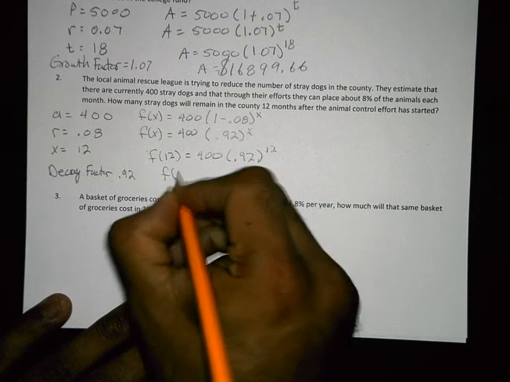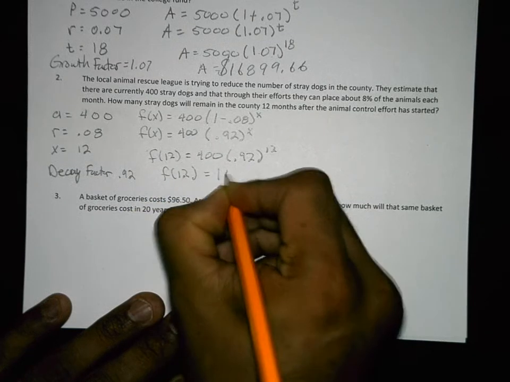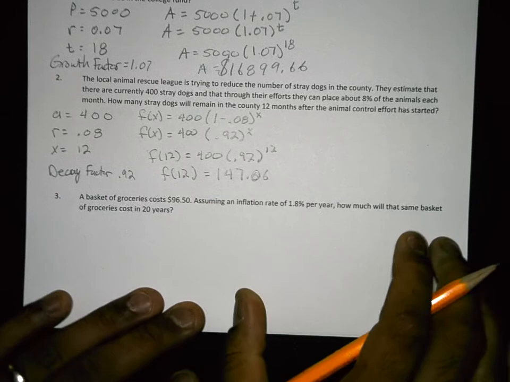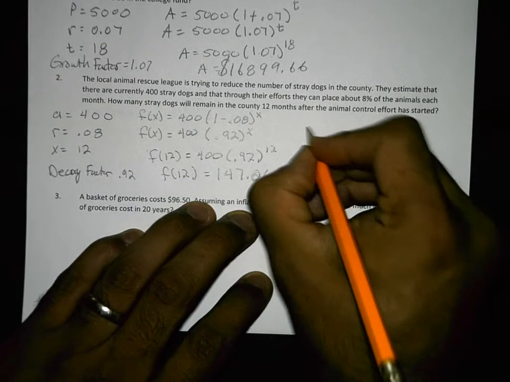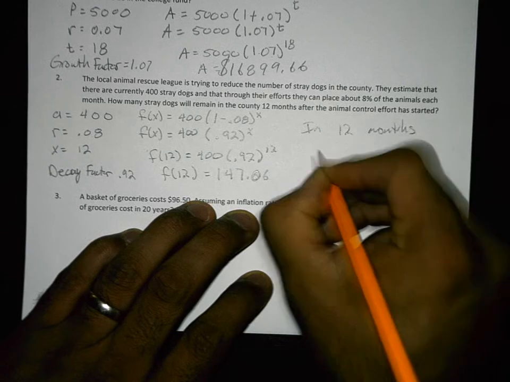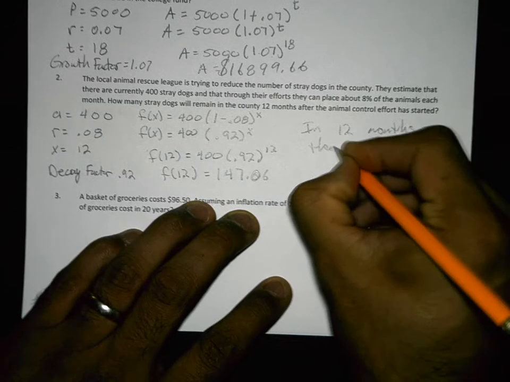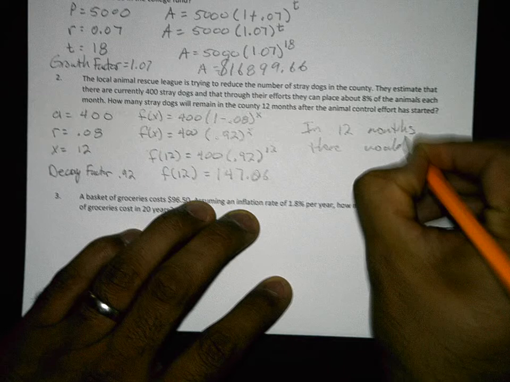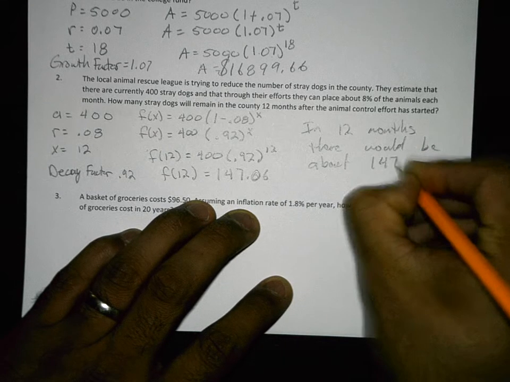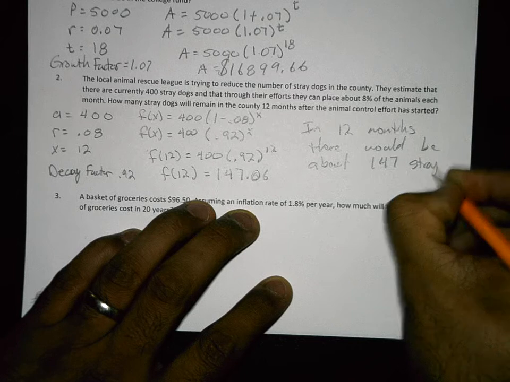And f of 12 is about 147.006. So we're looking at dogs. So we would say, in 12 months, there would be about 147 stray dogs.